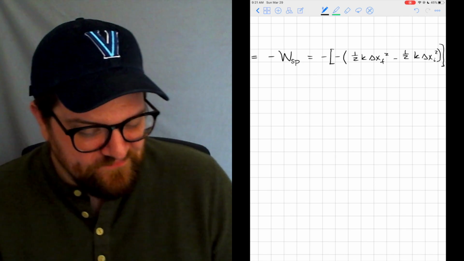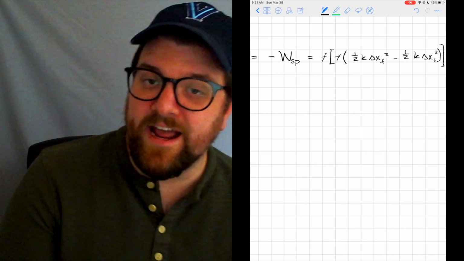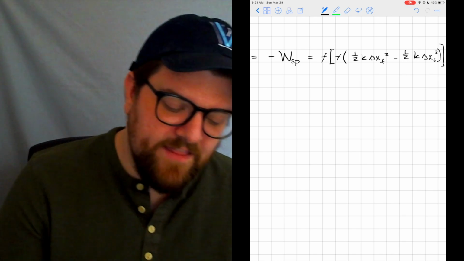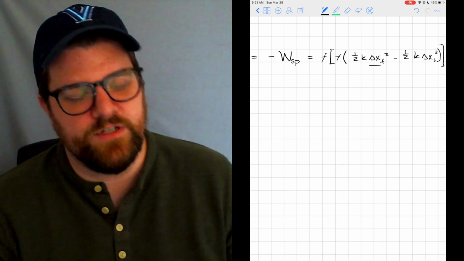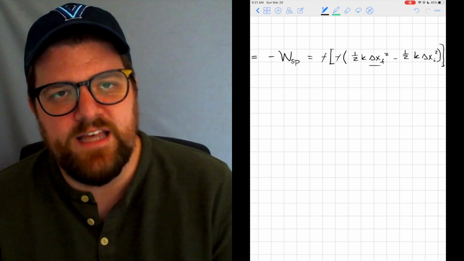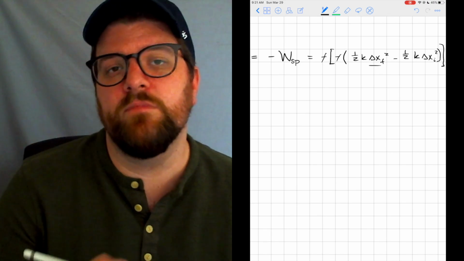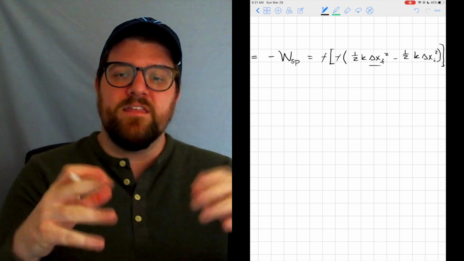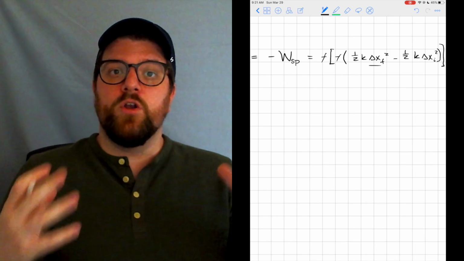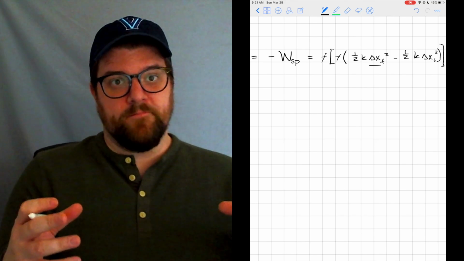All right. So a few things. One, we have a negative, that cancels. I'm left with the positive. And the other thing is this delta x_f and delta x_i, which are both squared. We said in the past that this delta x represents the displacement from equilibrium, right? So for a spring, we have an equilibrium length when everything is relaxed and there are no forces from or on the spring.